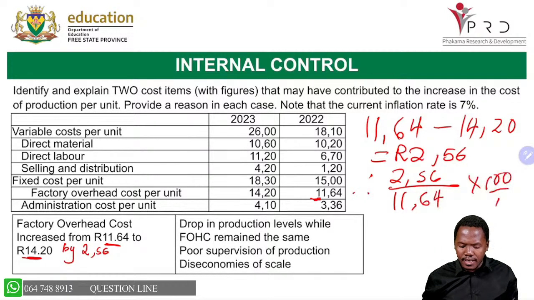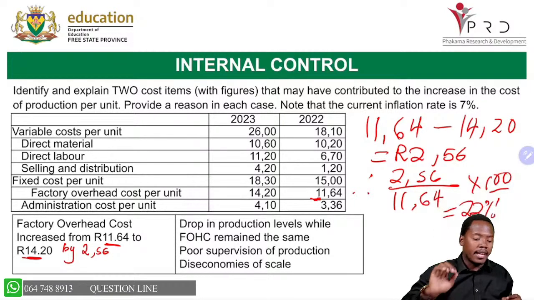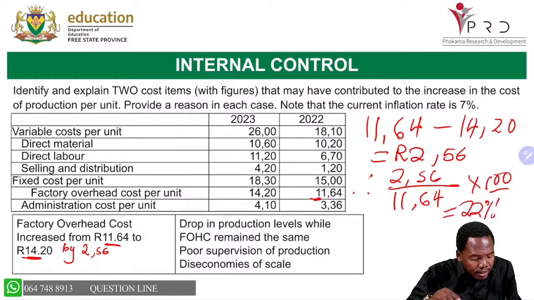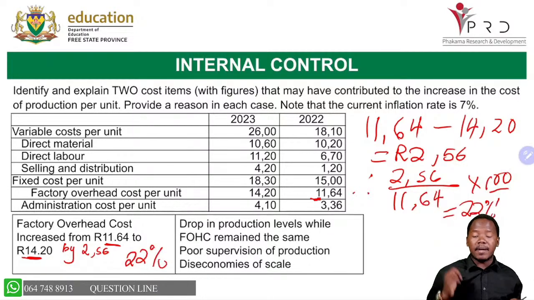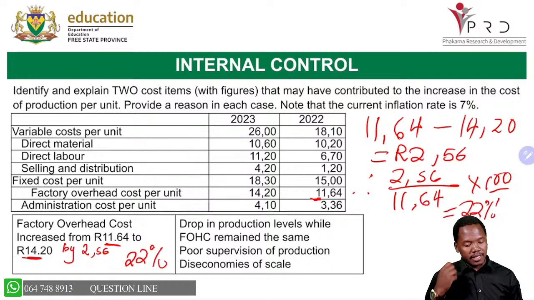So 2 Rand 56 divided by 11 Rand 64 cents times by 100. And then we get 22%. You see the increase here? It is by 22%. This is also more than the 7% inflation. This is why we decided to leave out direct material and quote direct labor and factory overhead.